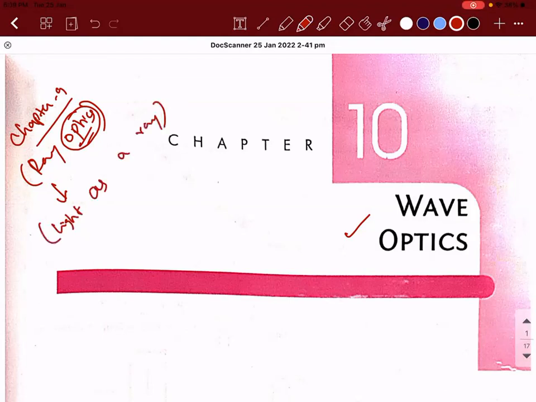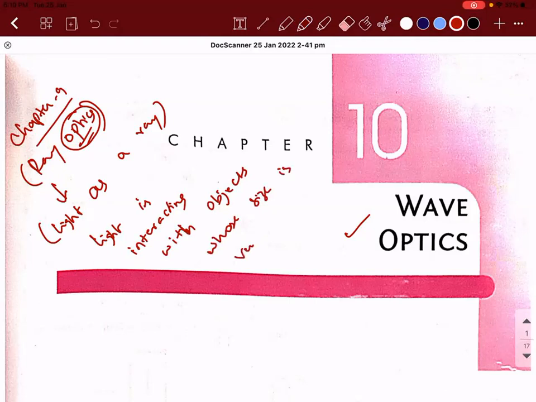Light as a ray in the sense that you're trying to say when light is interacting with objects whose size is comparable to the wavelength of light, we deal with optics under a branch called ray optics.